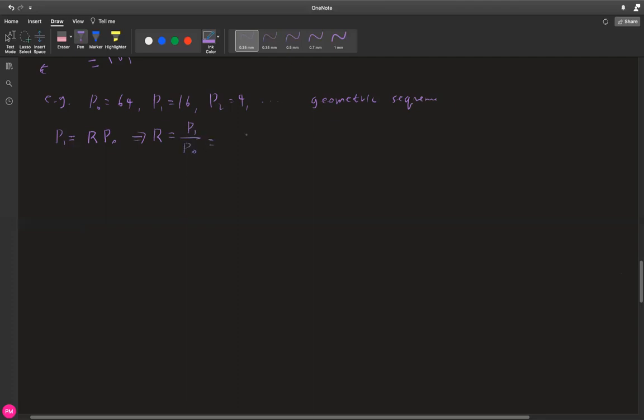In this case, we have P sub 1 as 16 and P sub 0 as 64. So that is actually a quarter, and you can also express that in decimal form like this. And knowing this, we could also find that this is actually a 75% decrease for each generation.